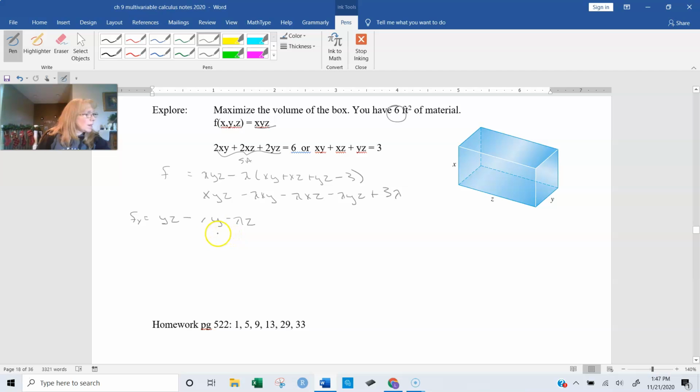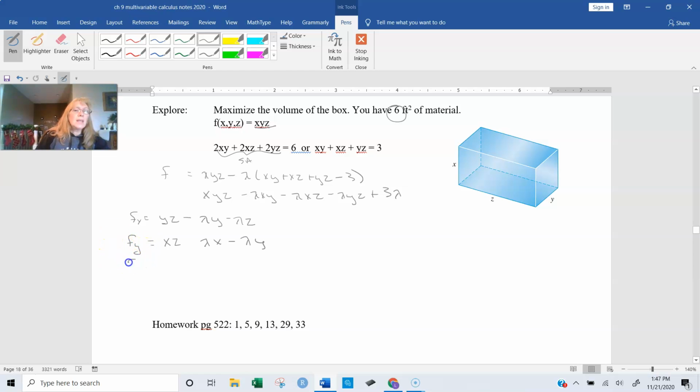And that's all we get there. Now let's do f of y. Now this in here is xz minus lambda x. Oops, my lambda went away. Minus lambda y.